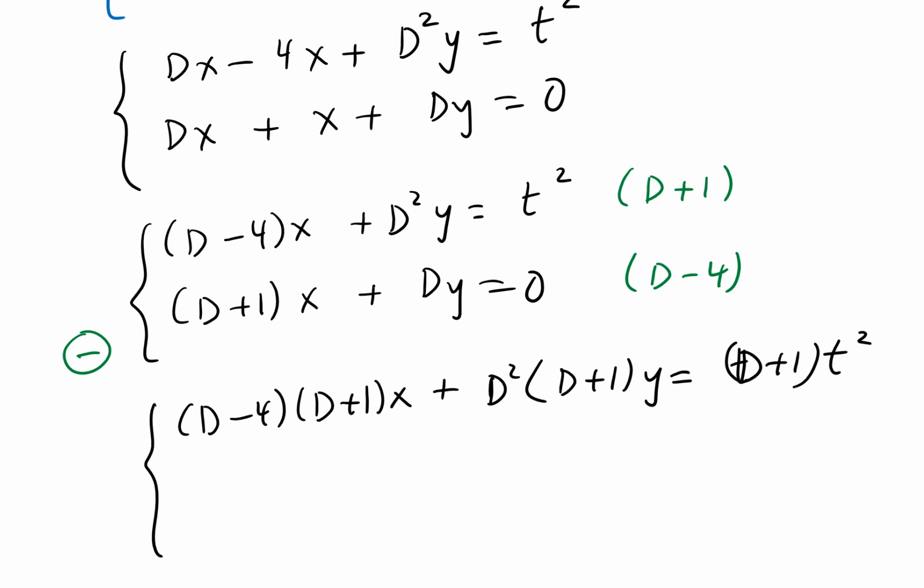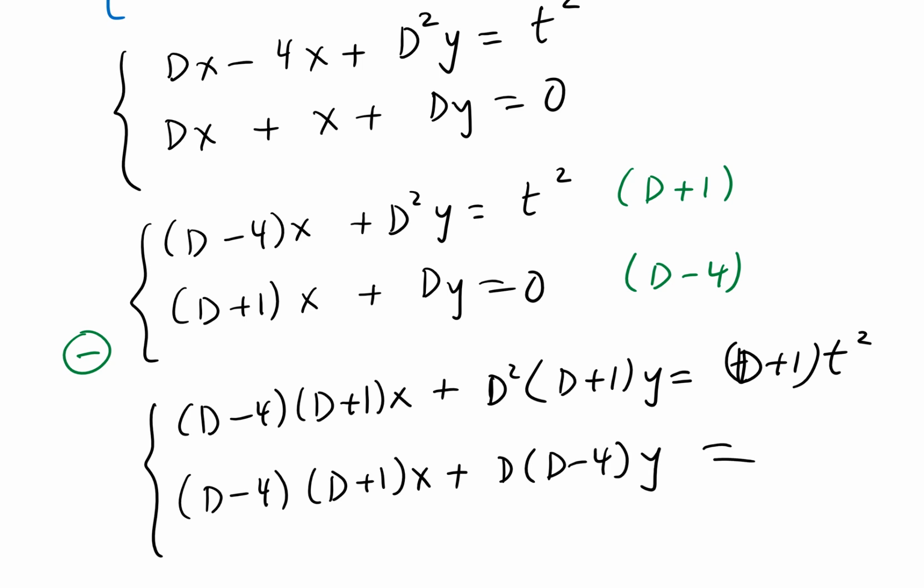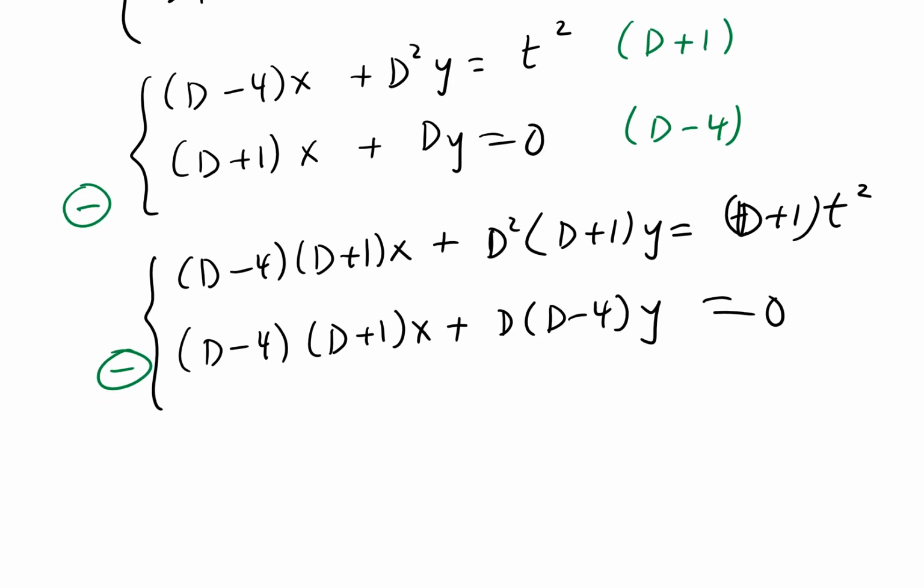Don't forget the right hand side. And here (D - 4)(D + 1)x + D(D - 4)y equals 0. That's where we subtract them, and the x's will cancel each other. We have no x's anymore.